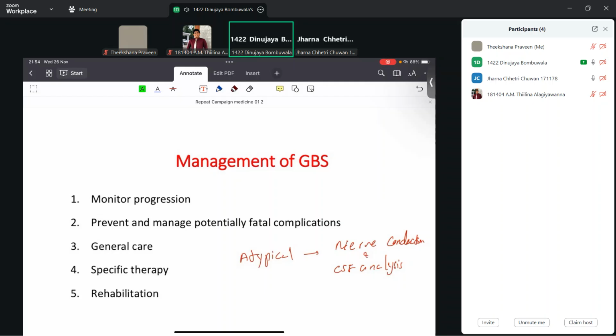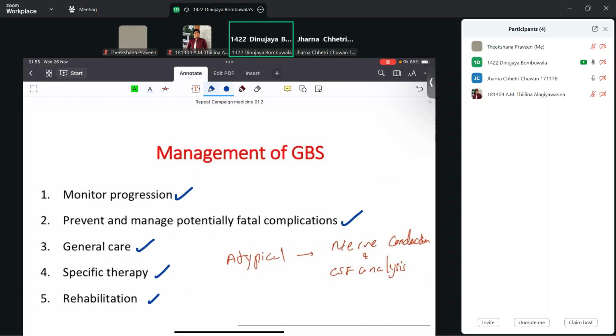In the management, we have to do these things: monitor the progression, prevent and manage complications, general care, specific therapy, and rehabilitation. Any neurological condition, we should end the discussion with rehabilitation. Any neurological disease, stroke, meningitis, GBS, anything.